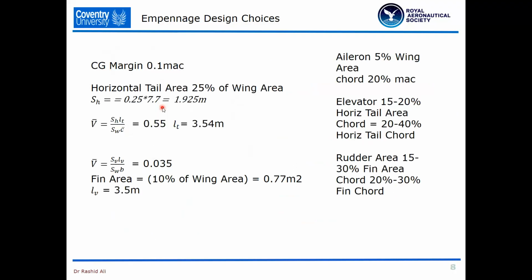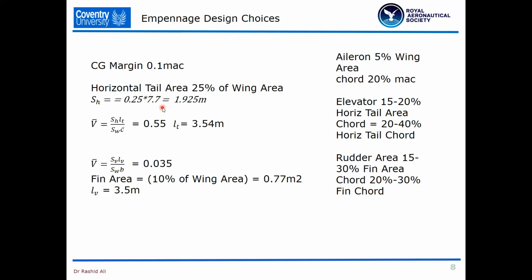Now comes the next important bits. We need to choose the sizes for our empennage, especially the horizontal tail. We need to size our fin. We need to size our control surfaces.